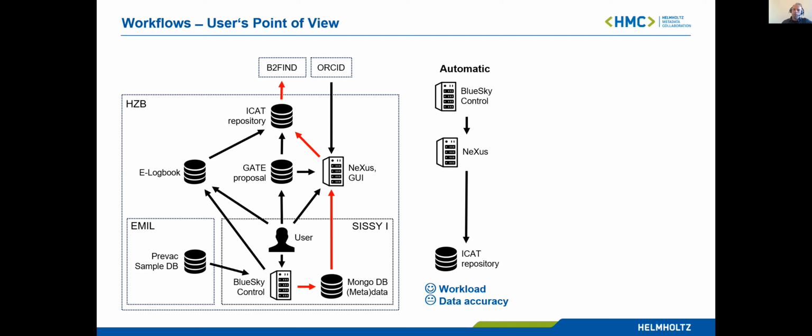So in this case, there would be no additional workload for the user, and the data accuracy may not be optimum because the data is unseen by the scientist or the user before it is ingested to the repository.